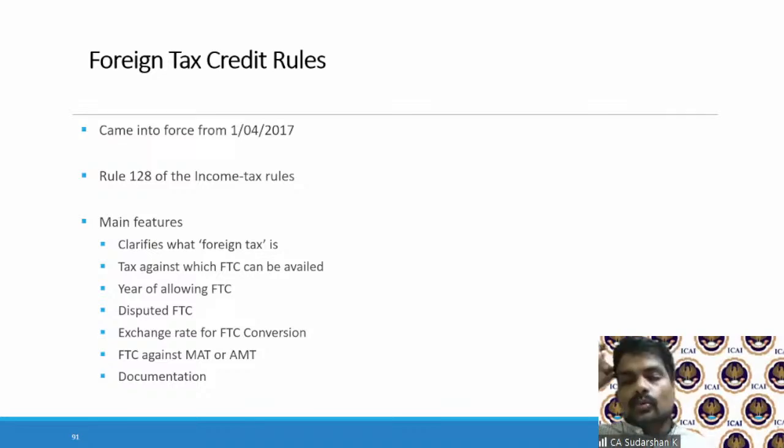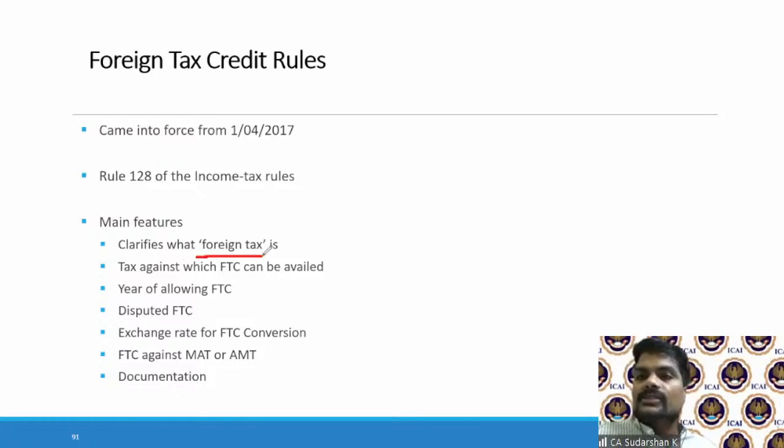So, Rule 128 of the income tax rules, by virtue of the power under Section 295, which the CBDT has, came out with guidelines as to what rules one needs to follow to claim foreign tax credit. You have the features of the rules in the study material also, which you can have a look at. It clarified what a foreign tax is.